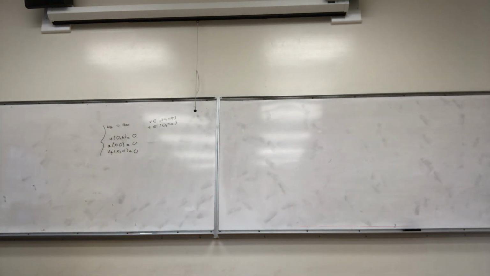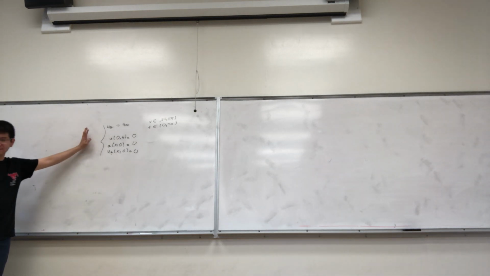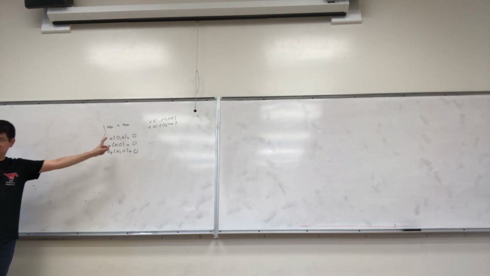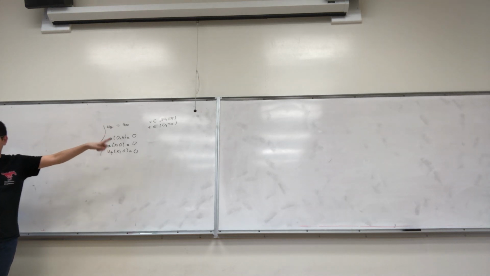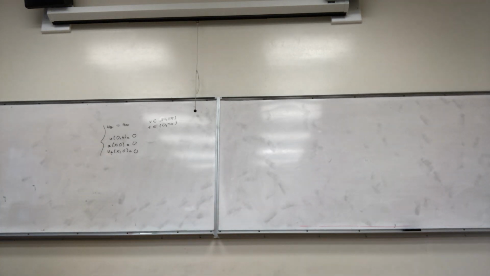All right. So this is the wave equation that we were trying to solve. You have the second derivative in x equal to the second derivative in t, where x is taken from 0 to 2 pi and t is taken from 0 to infinity. I think I missed something, right?